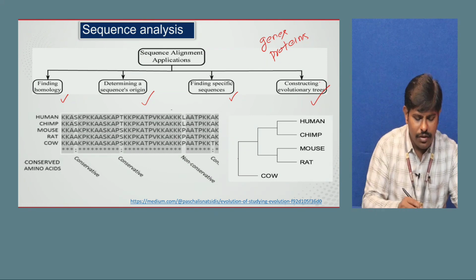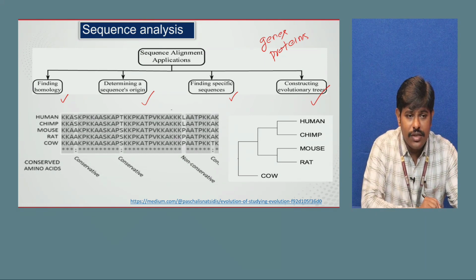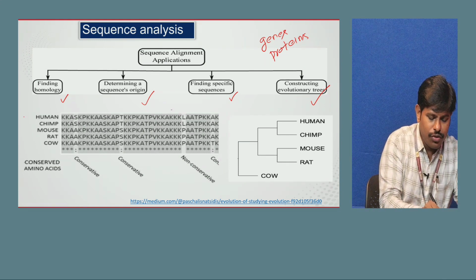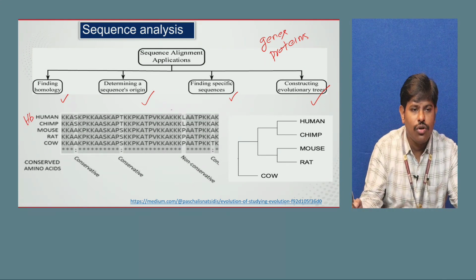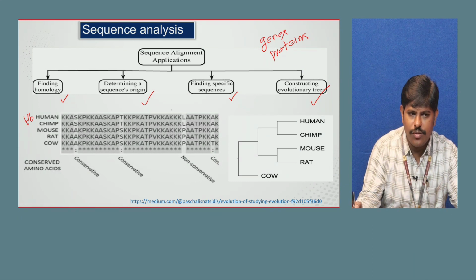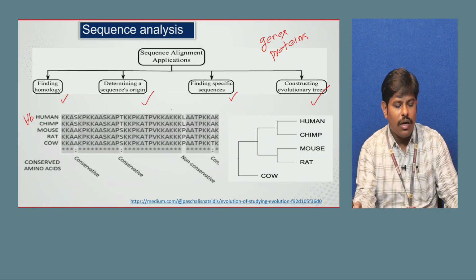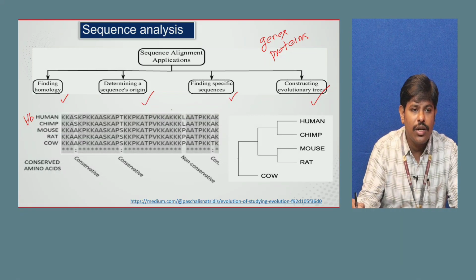So in this example, 5 protein sequences which correspond to human hemoglobin, mouse hemoglobin, chimpanzee hemoglobin, rat hemoglobin and cow hemoglobin are taken, and they are analyzed through multiple sequence alignment algorithms to understand how these organisms and how these proteins are linked together.